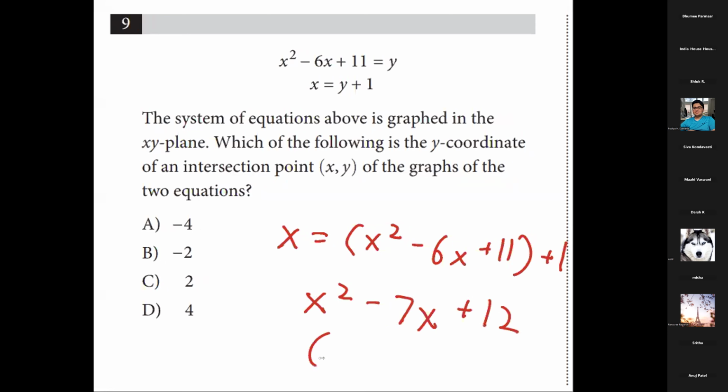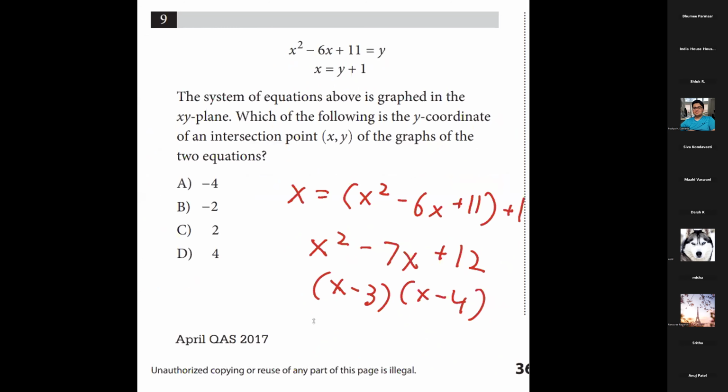And then simplifying this, we get x minus 3 and x minus 4, because negative 4 times negative 3 is positive 12, and negative 4 minus 3 is negative 7. So we know that x equals 3 or x equals 4.